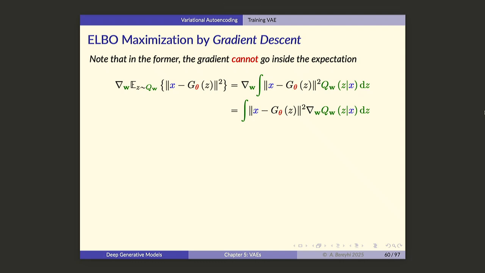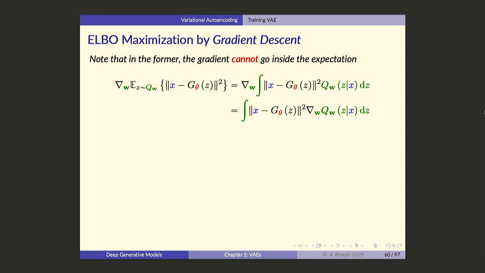This gradient simply goes inside, and now this is not necessarily an expectation, because the gradient of q is no longer a distribution. There is no reason for the gradient of q to be a distribution. Indeed, when w is multidimensional, this is a vector. This is a totally different thing.